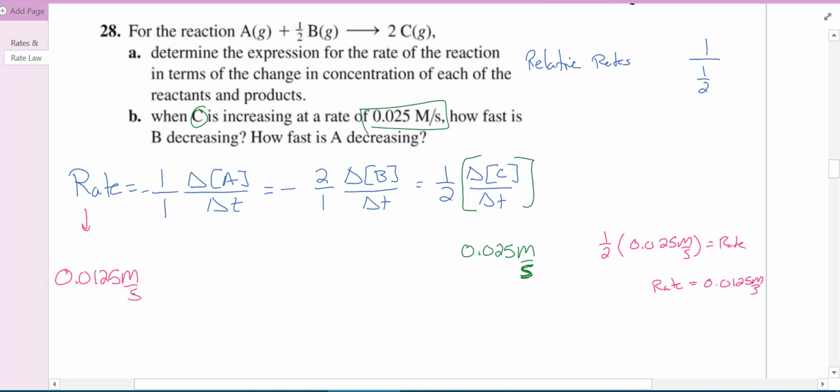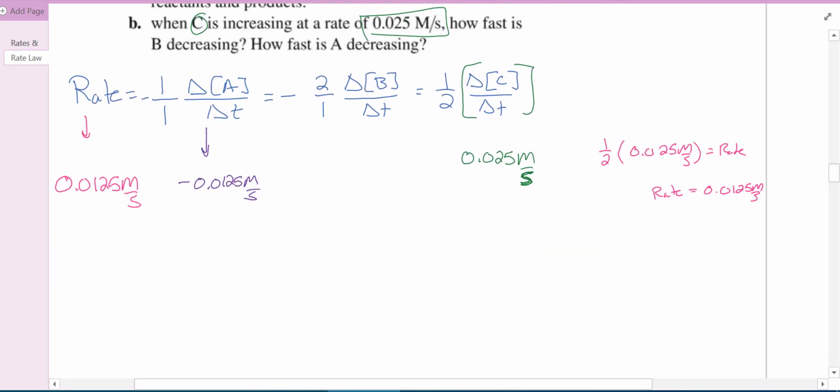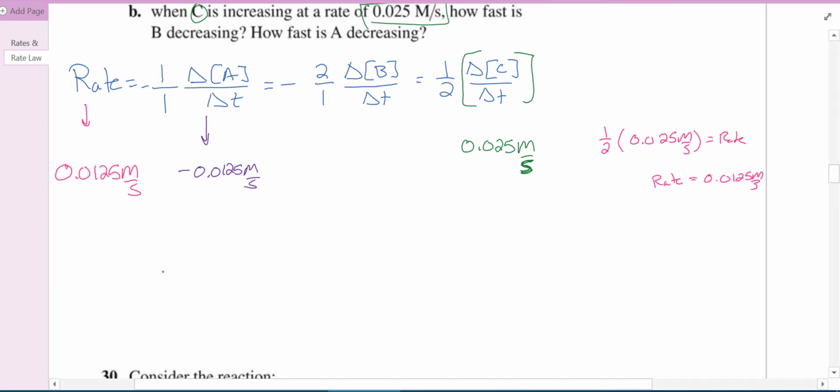Now that means for A, it's the same, it's just negative: negative 0.0125 molarity per second. Now, the rate of B is a little different. So let's do B. I'm going to take 0.0125 molarity per second, and I recommend writing this out, equals negative 2x, because that's going to be my x right there. So, what do we get here? Divide both sides by negative 2.